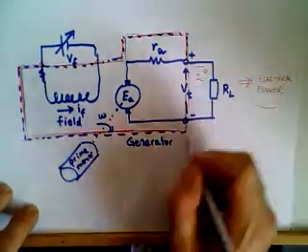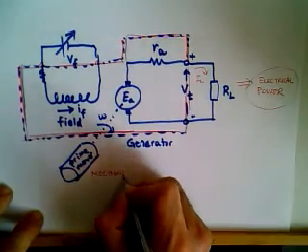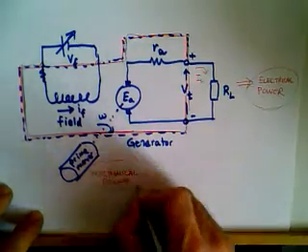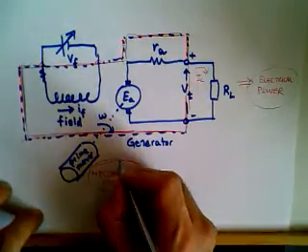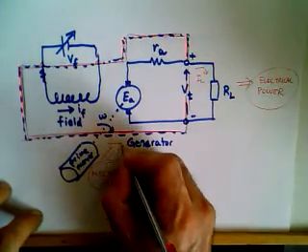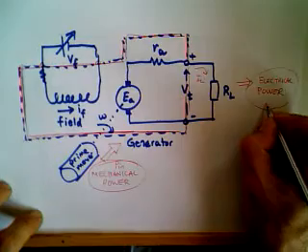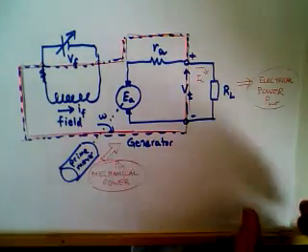Mechanical power is fed into the system, and electrical power is the output. So mechanical power is the input to the system, and this is P out. Okay, so this is the separately excited DC generator.